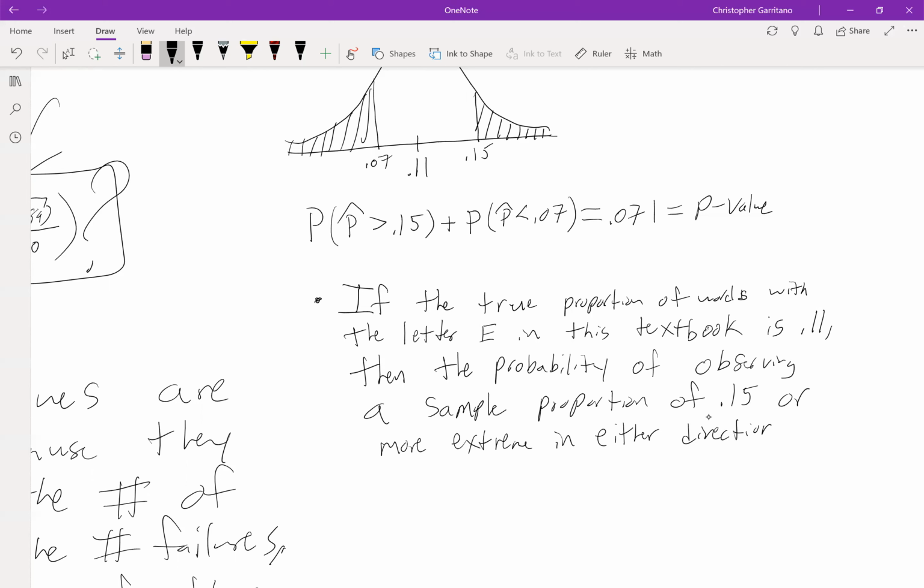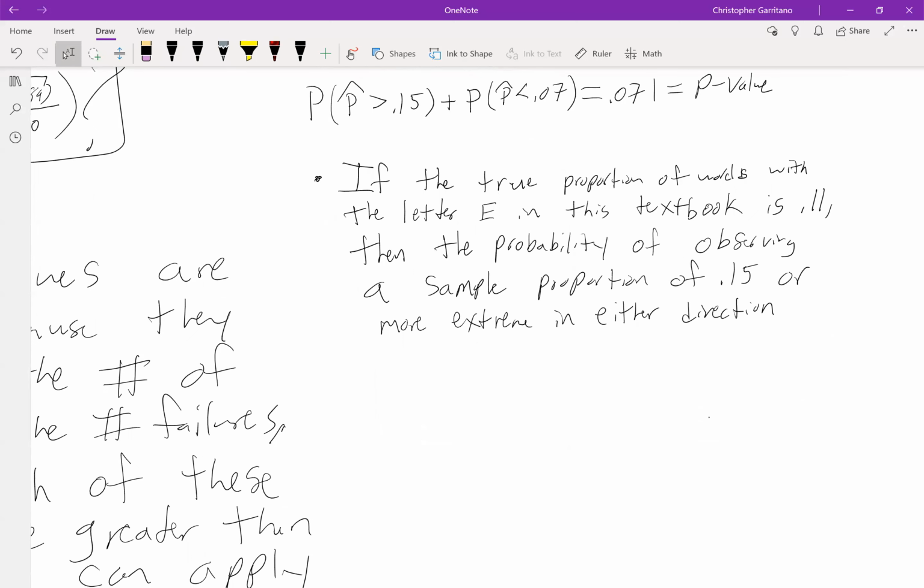So that, or more extreme in either direction, I'm saying those words because we're doing a two-tailed test. If this were, let's say, just an upper tail test, I would simply say 0.15 or greater, okay? So the probability of observing a sample proportion of 0.15 or more extreme in either direction is 0.071, okay? That is the interpretation of the p-value.